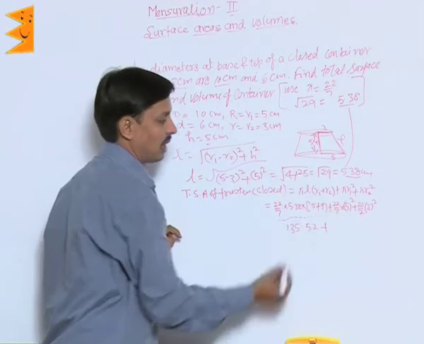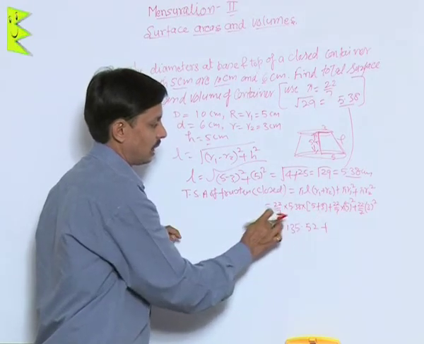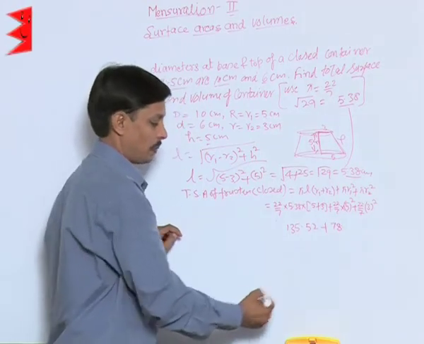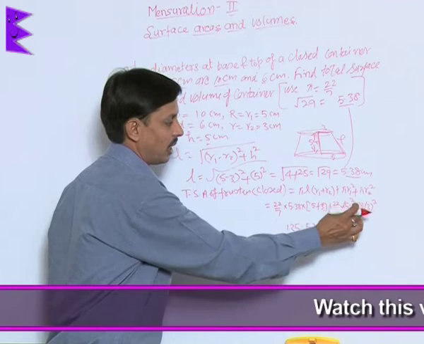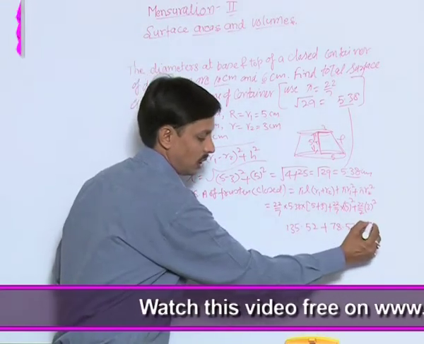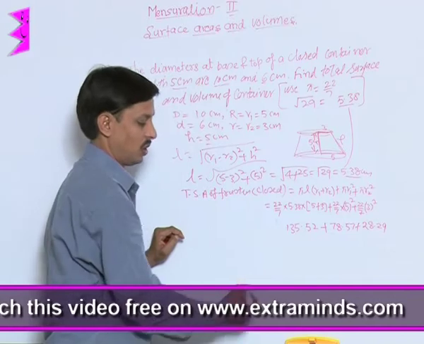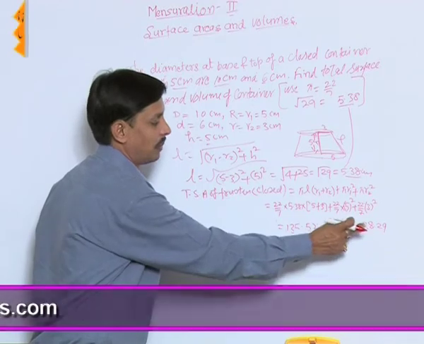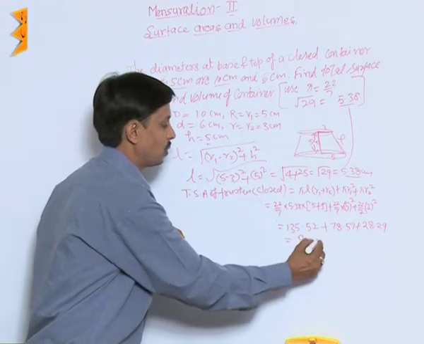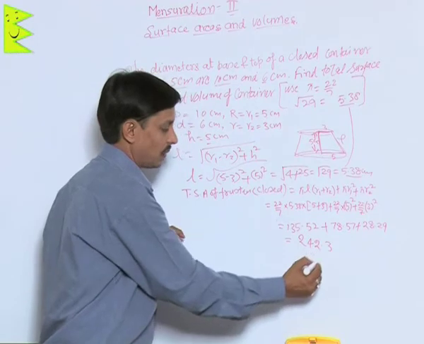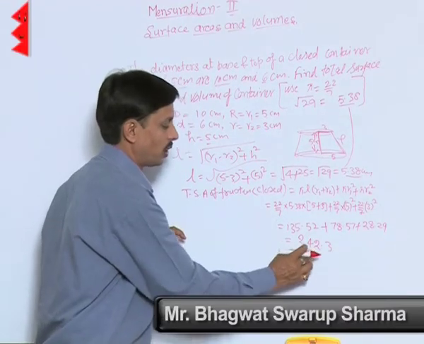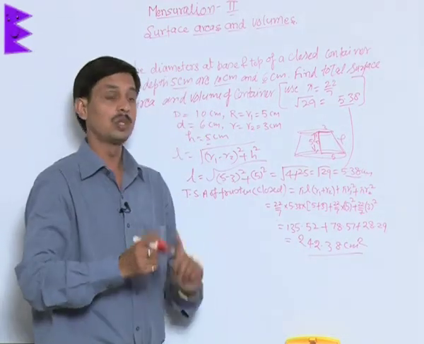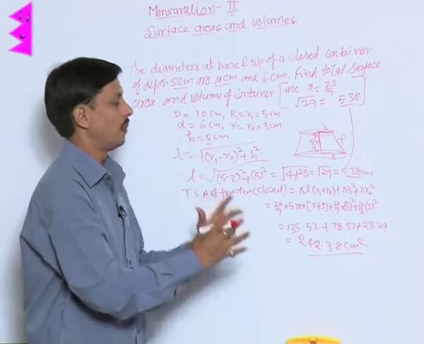The second simplification, the area at base, gives us 78.57, and area of the top is 28.29 centimeter square. If I add all three results, curved surface area plus area of base plus area at top, it gives us 242.38 centimeter square, which is the area of this closed container in the shape of frustum.